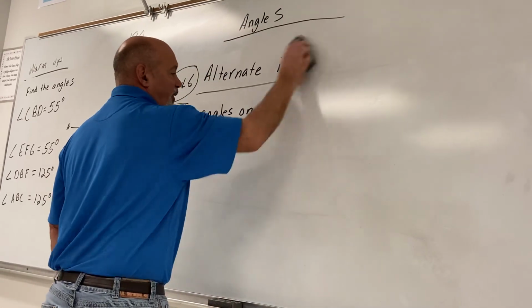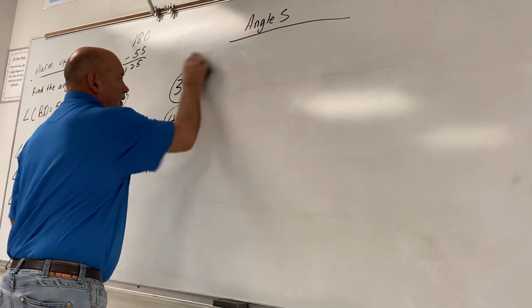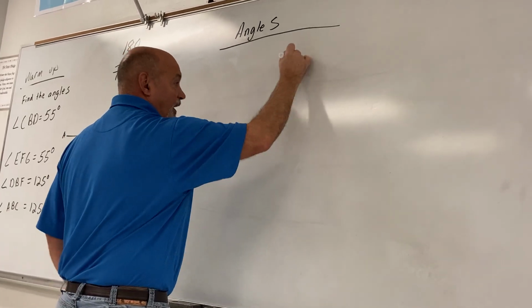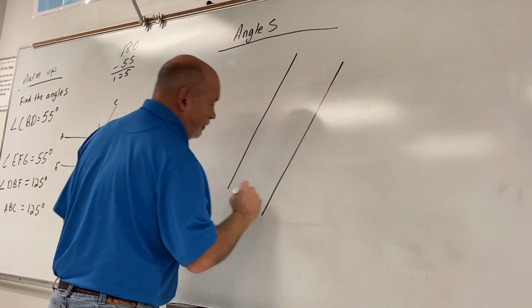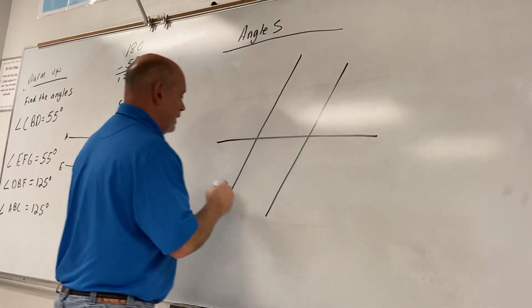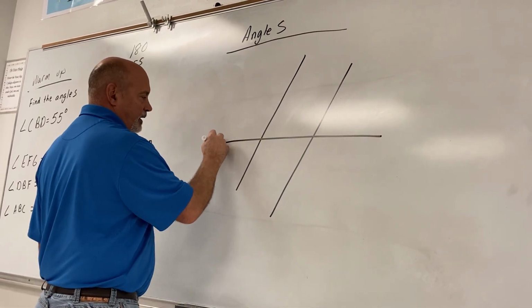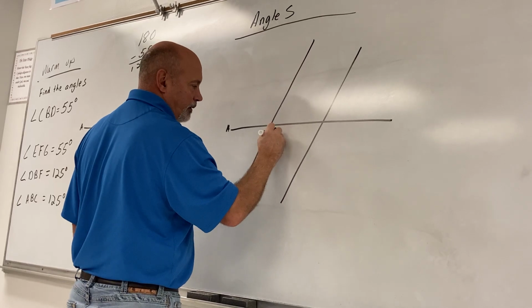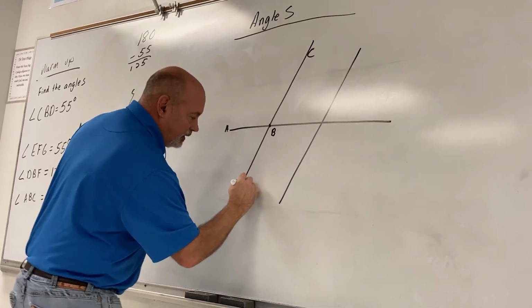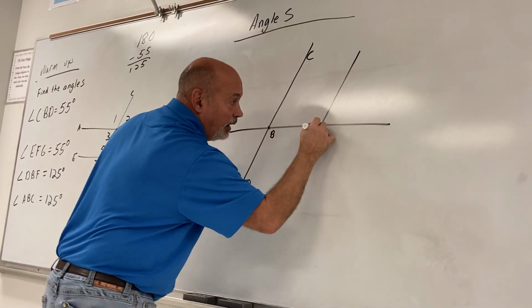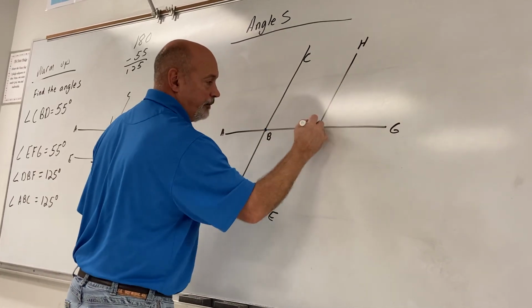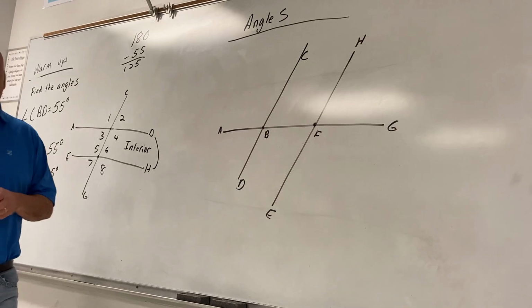I'm going to draw you a new picture, and I'm going to randomly pick children to answer questions. I'm going to turn the parallel lines this way. And let's go A, B, C again, D, E, F, G, H. All right.